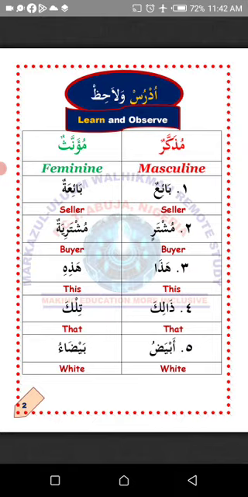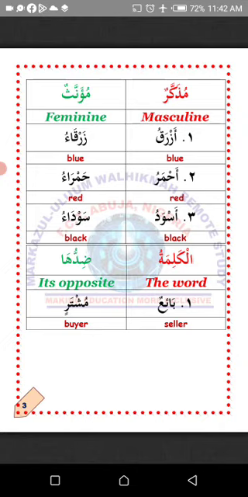ما شاء الله. مذكر, masculine. مؤنث, feminine. واحد, number one. أزرق, blue. Zarqaa, blue. So we use azraq to describe a masculine object.